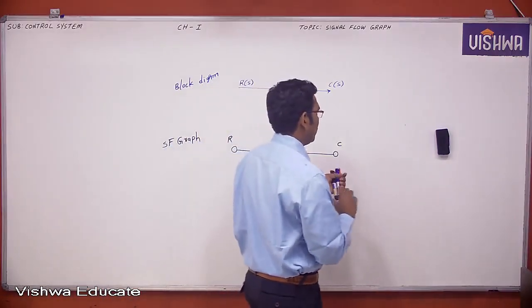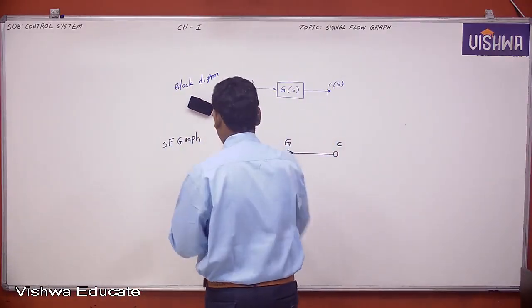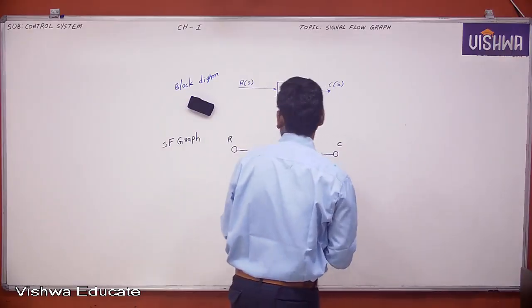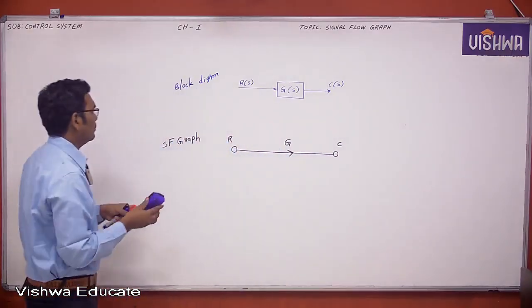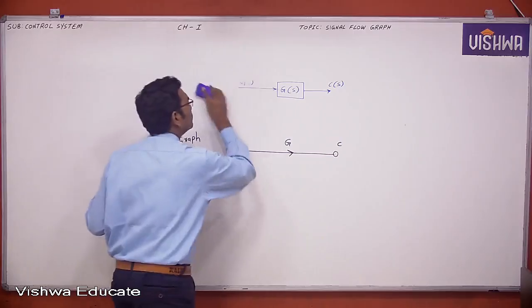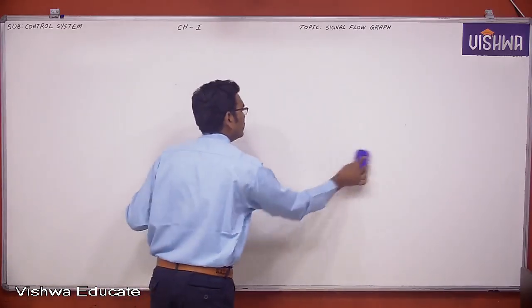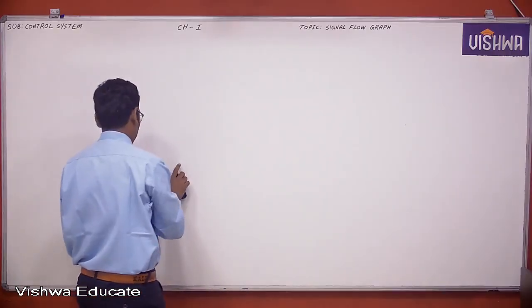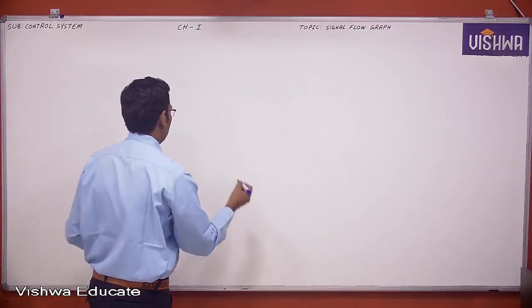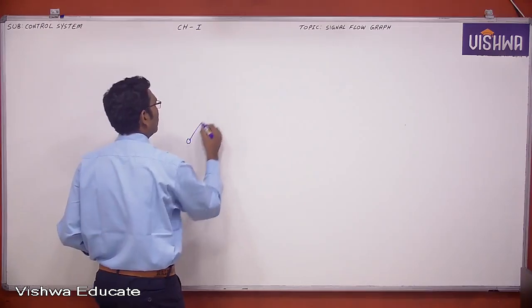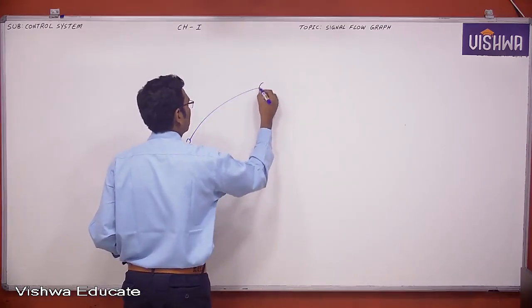I will draw a small diagram. So this is the signal flow between the nodes.